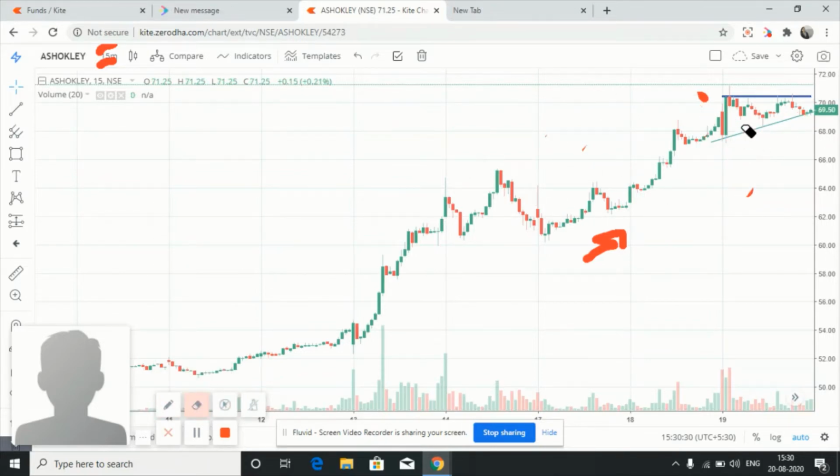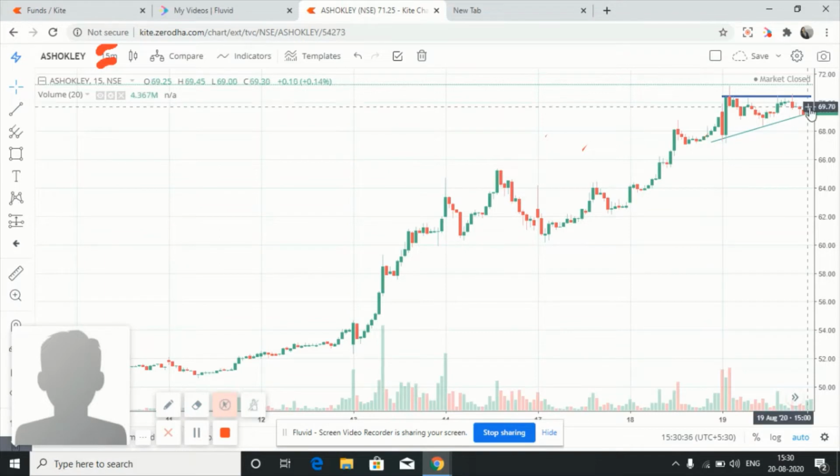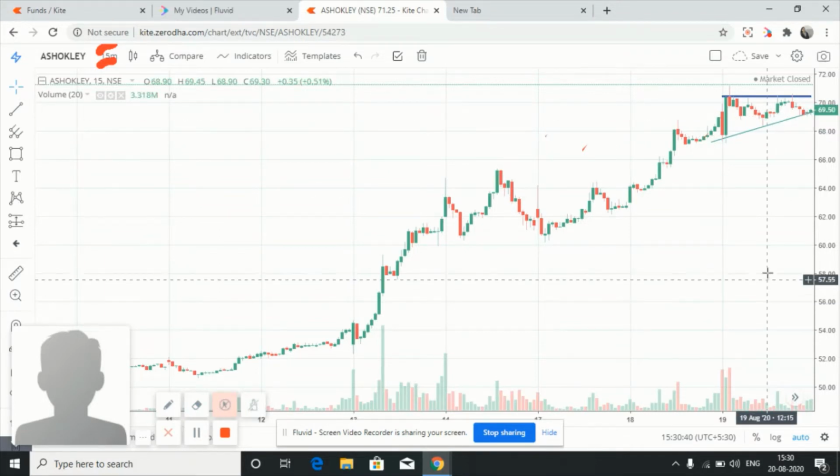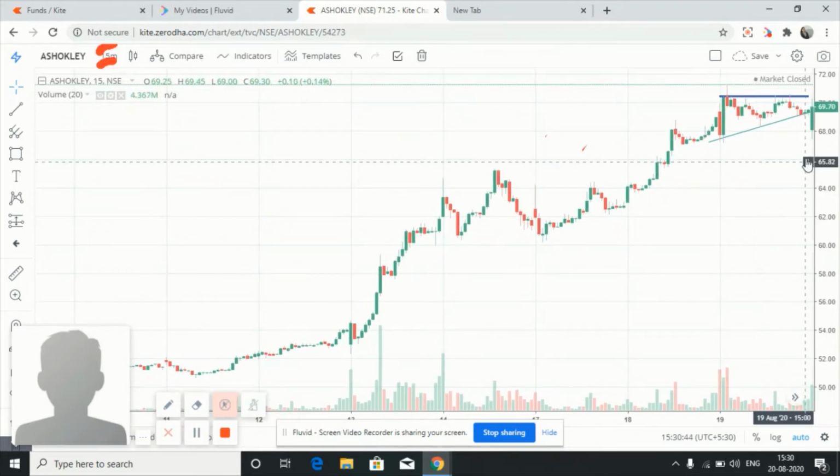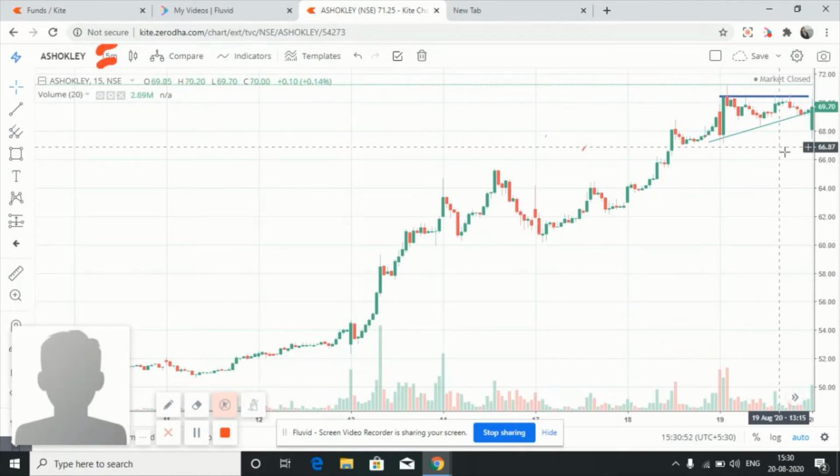This was the chart which looked like this on 19th August up to 3:30. Then after that I'll be moving the cursor a bit. So the first candle which happened over here is a good green candle, but we have not decided to take our entry. Our point of entry will be after this breakout.